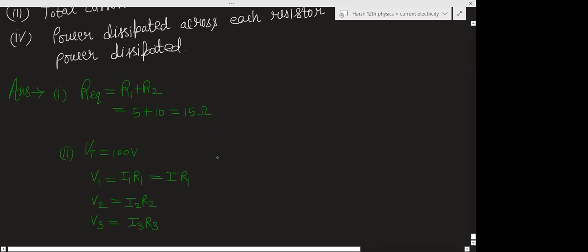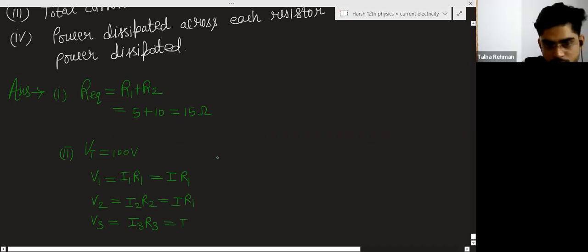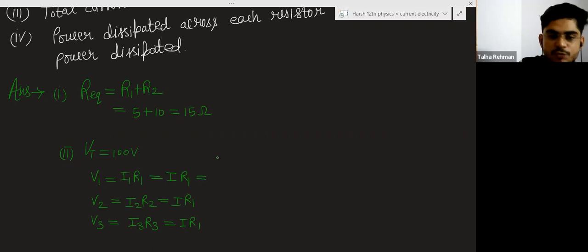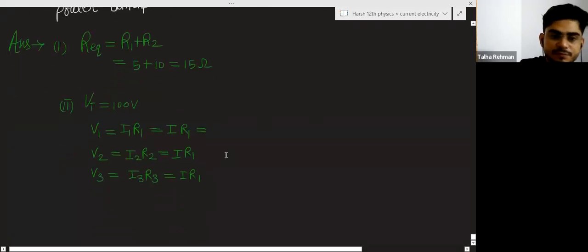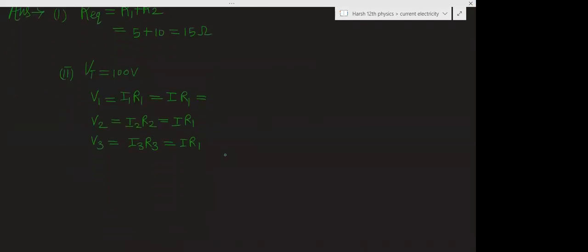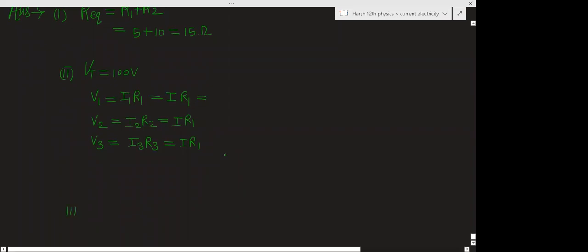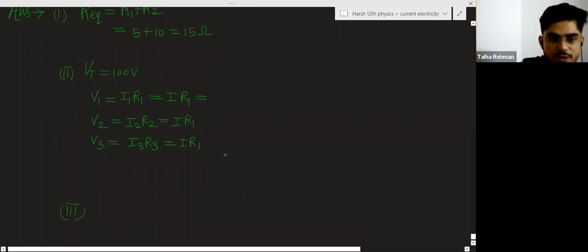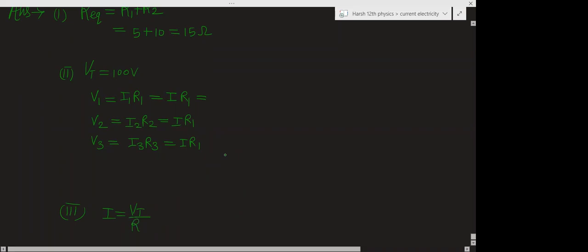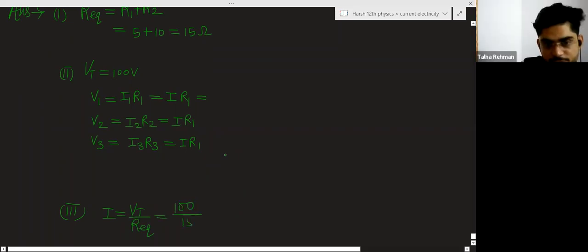So first we have to calculate I. If you want to calculate I, you will write V total divided by R equivalent. V total is 100, R equivalent is 15.